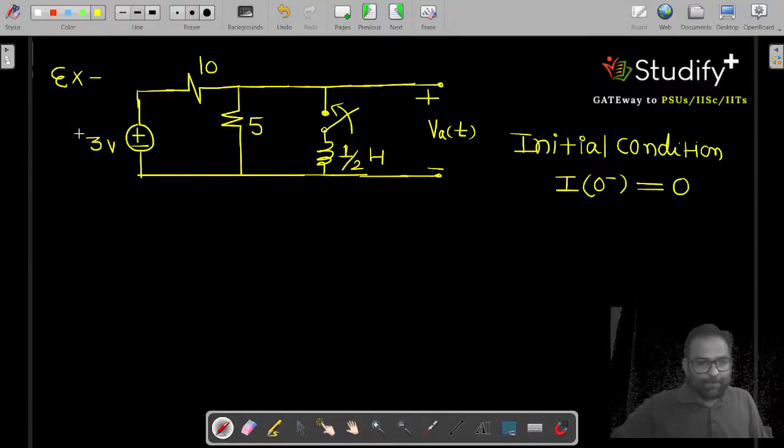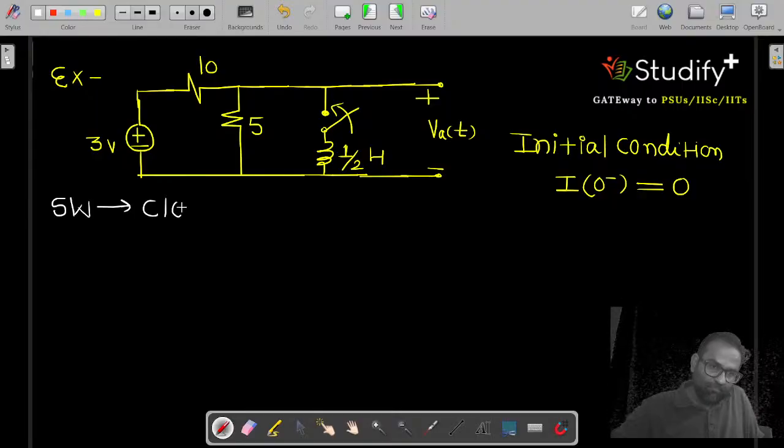So can I say we have to analyze the circuit for T greater than 0. For T greater than 0, the switch is closed. If the switch is closed, we can have this kind of circuit. This is 3 volt.